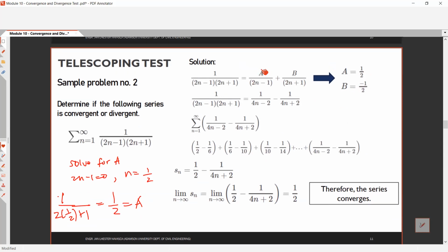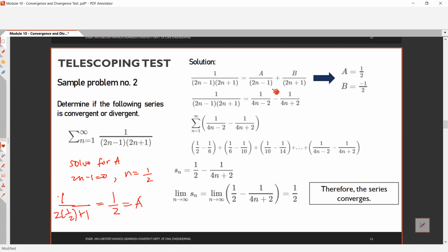Then substitute mo siya ulit dito sa partial fractions mo. You now have 1 over 4n minus 2, that positive sign will be a negative sign, and 1 over 4n plus 2. So ito yung partial fractions natin.